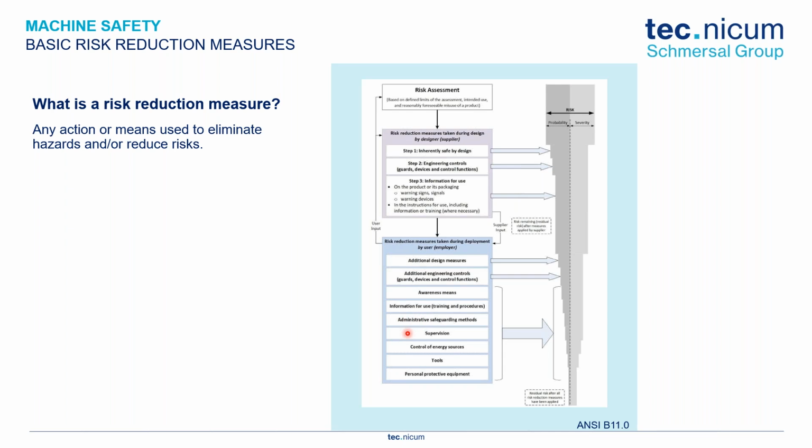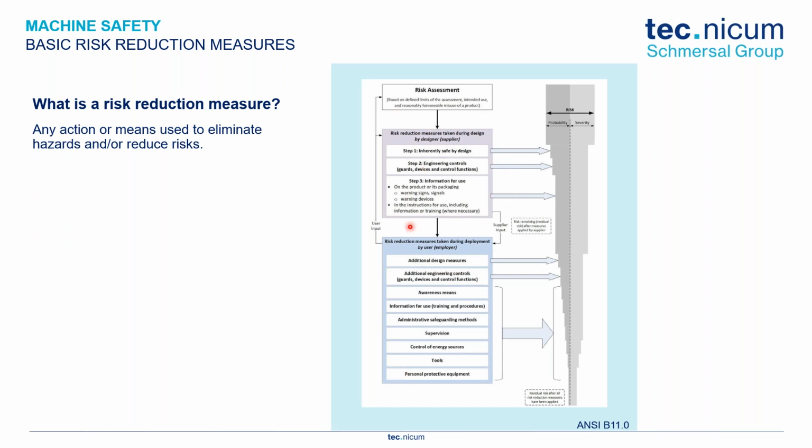Having some supervised tasks, control of energy sources, the use of hand tools, for example, and then lastly, as the end user, supplying some PPE to help reduce exposure to these identified risks.